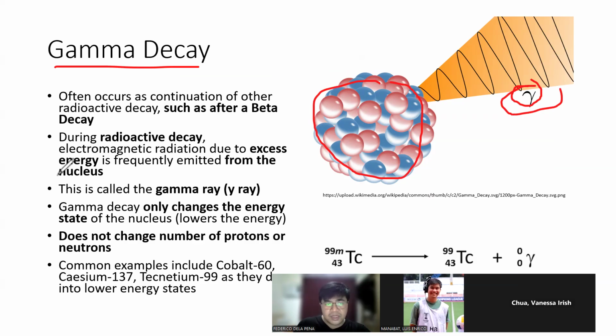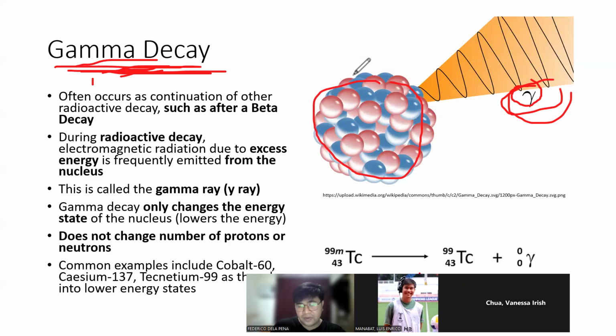Unlike the previous ones where you eject, for example, a helium nucleus in alpha decay, and for beta decay, you eject an electron, in gamma decay, you only eject your gamma rays. Gamma ray is just a step in the radioactive decay of most elements.